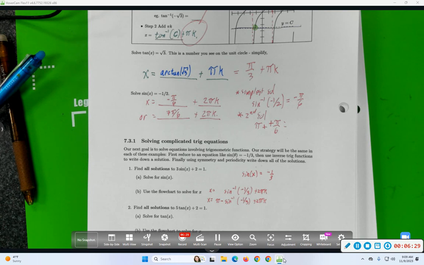Is there any other simplification I can do to it? How about that negative sign on the inside of the inverse sine? Is inverse sine even or odd or anything nice like that? Remind yourself what the graph of inverse sine looks like by maybe flipping to a previous page in the notes, like the one where we graphed inverse sine.